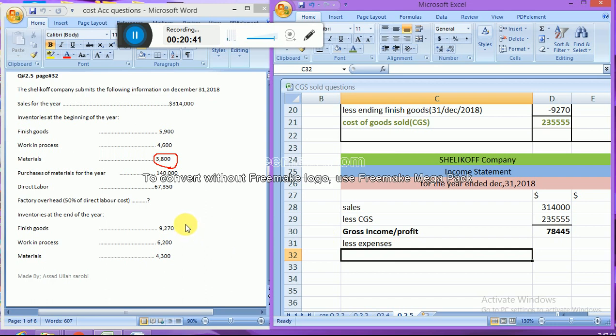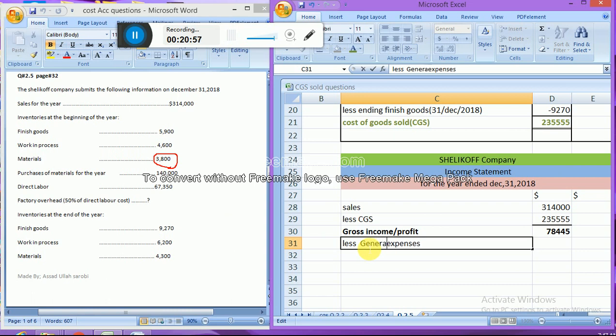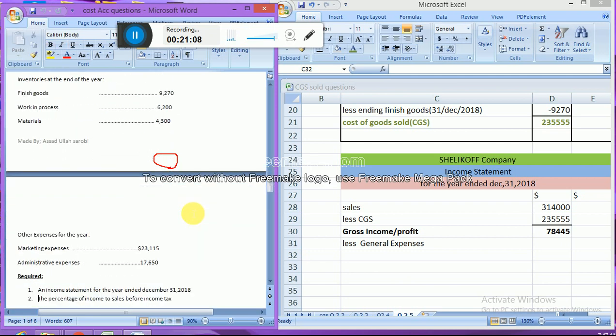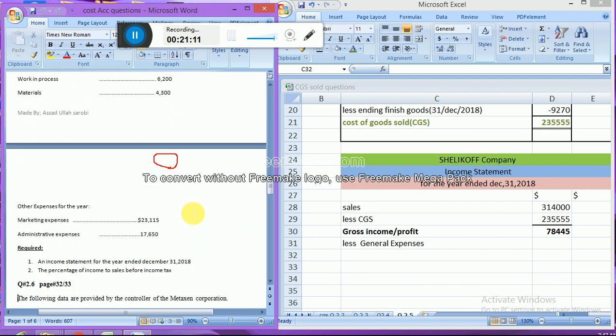Look, I will list general expenses. If we look at the question, the general expenses are marketing expenses and administrative expenses.